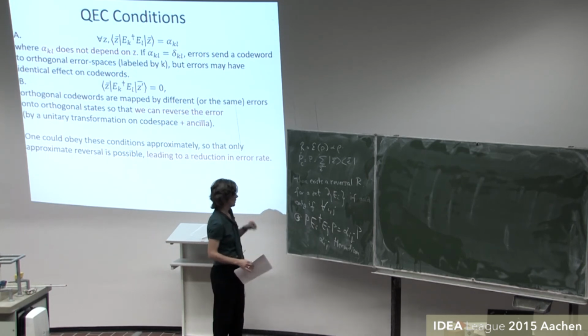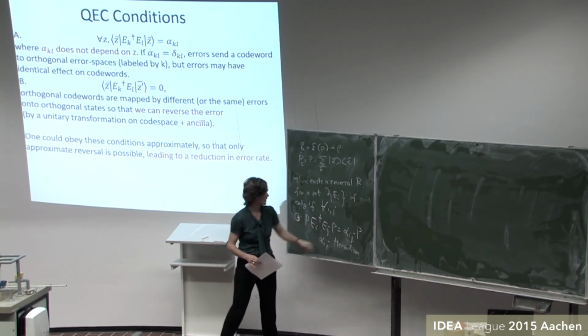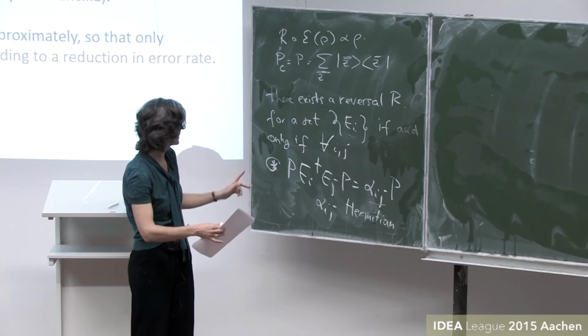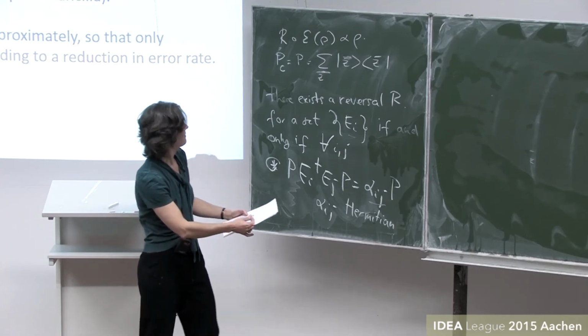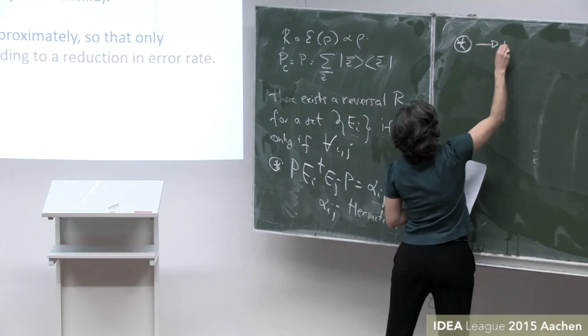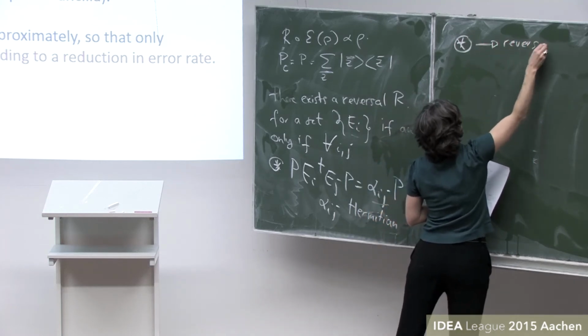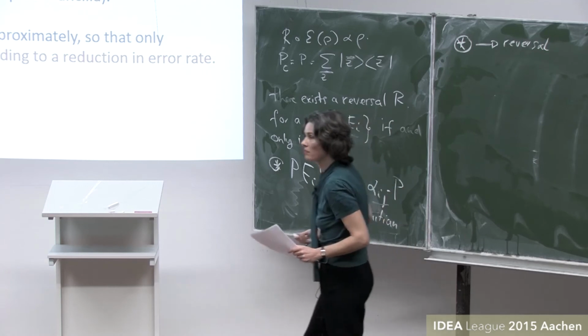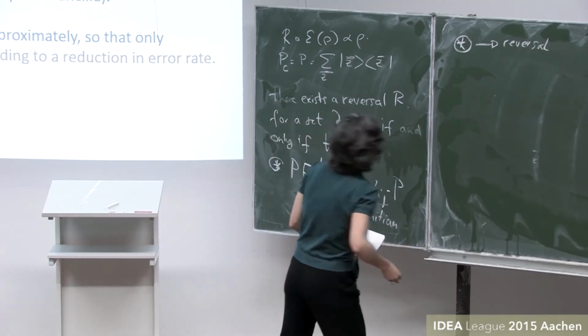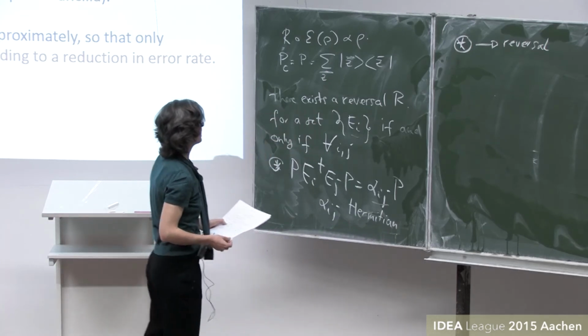Okay. Now, I say that this is a Hermitian matrix, which means I can diagonalize it, right? So first I'm going to prove this. I'm going to construct my reversal operator. And I think this reversal operator gives you a very nice intuition about how we select this code space.